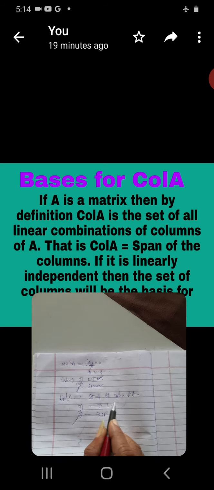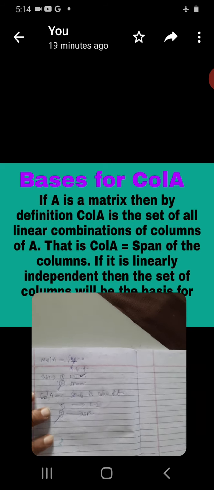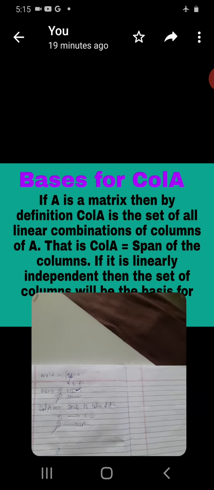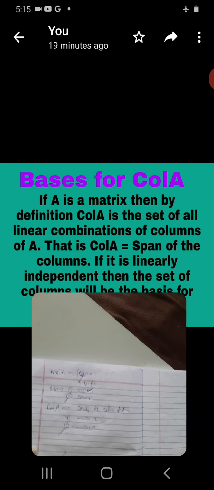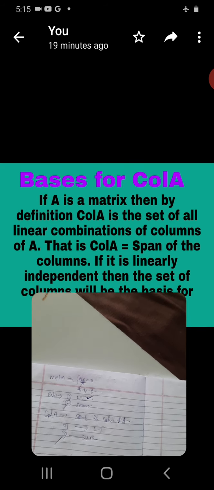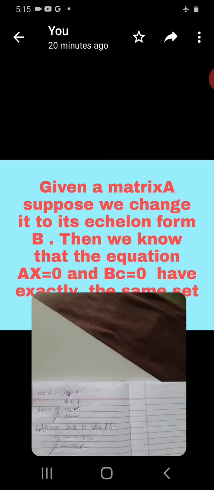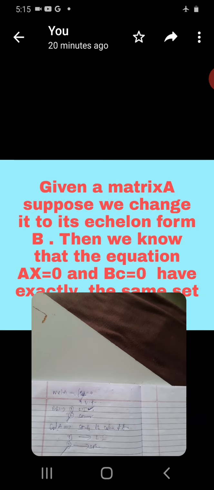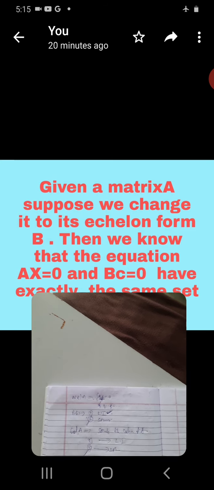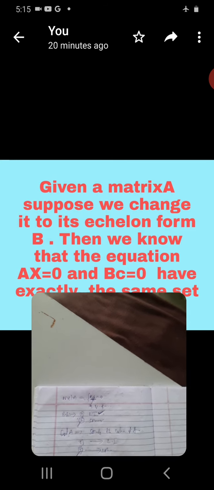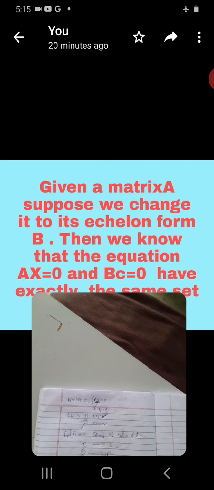The first condition is linear independence. That is also linearly independent. That is a basis of Col A. This is how to see Col A. Please observe, see next. Given a matrix A, here Ax = 0. Here Bx = 0.